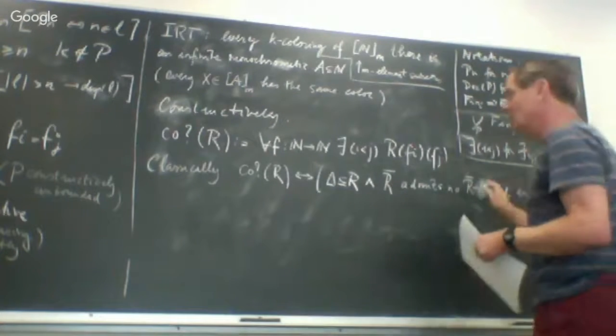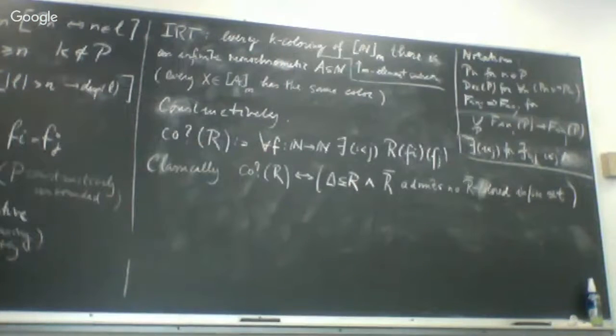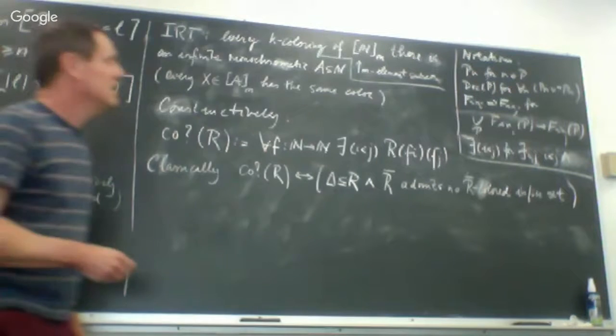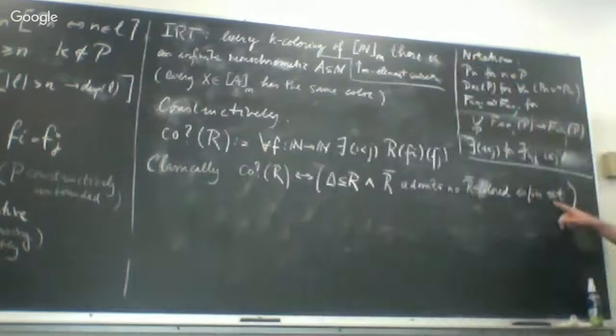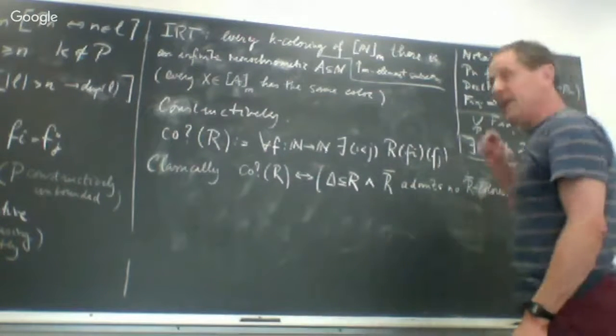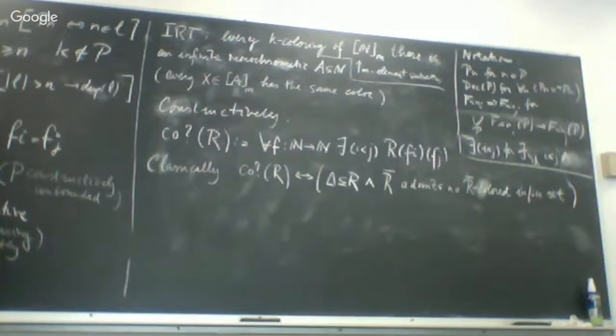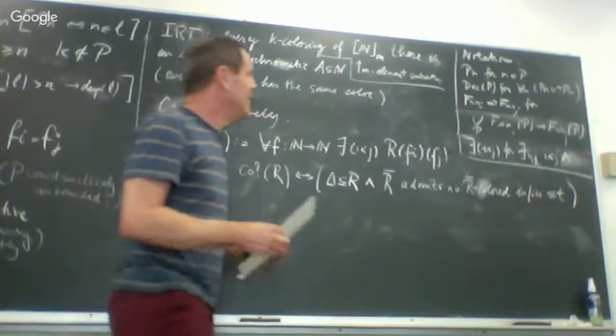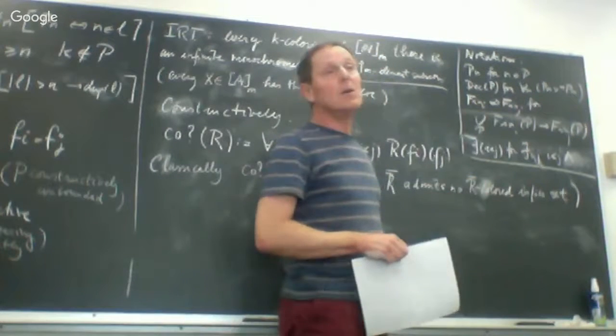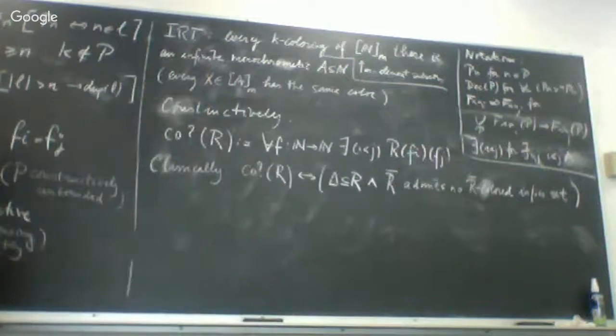Is it clear what I mean here? An R-colored infinite set would be a subset of the natural numbers such that for any two elements that you pick from that set, R bar holds. And this is the complement of R.